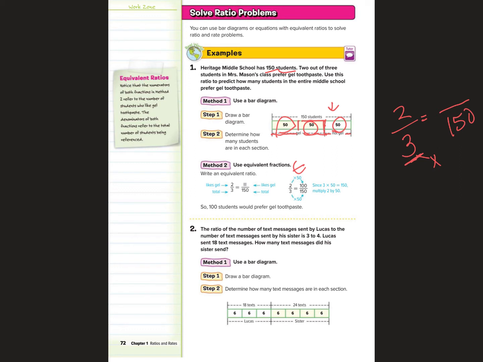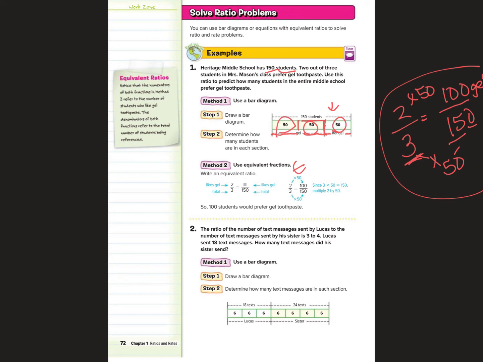Well, 15 divided by 3 is 5, so we're going to multiply by 50. I can double check: 2 fifties is 100, 3 fifties is 150. So I multiply this by 50, and I know that 100 students chose gel out of 150 total. I prefer this way because there's no drawing involved. It's just math. But if you're a drawer, do the bar diagram.